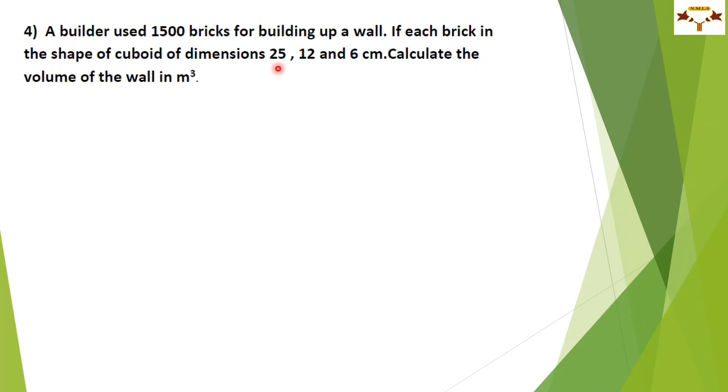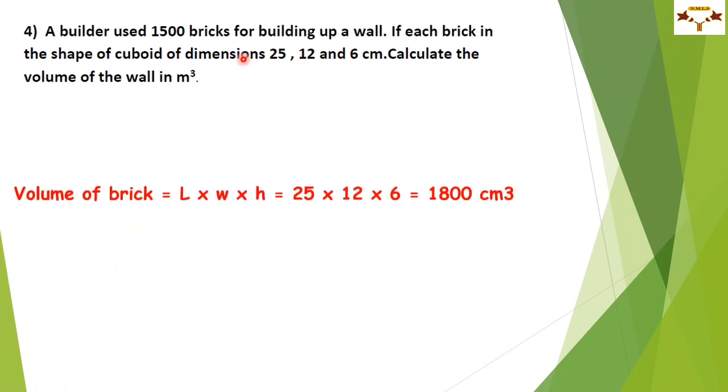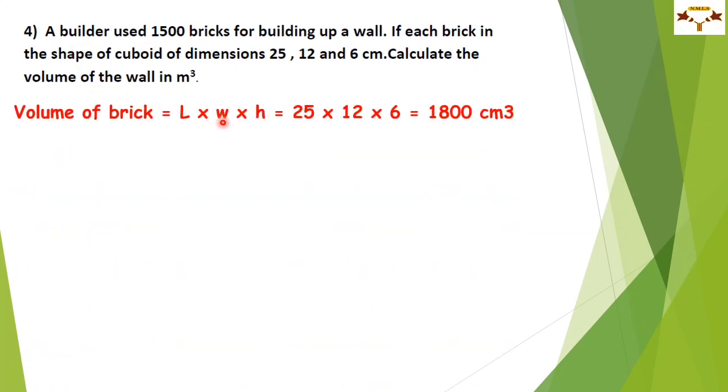How can I find the volume of the wall? I have the dimensions of only one brick. So when you find the volume of one brick, I will repeat its volume how many times? 1500 times to find the volume of the total wall.